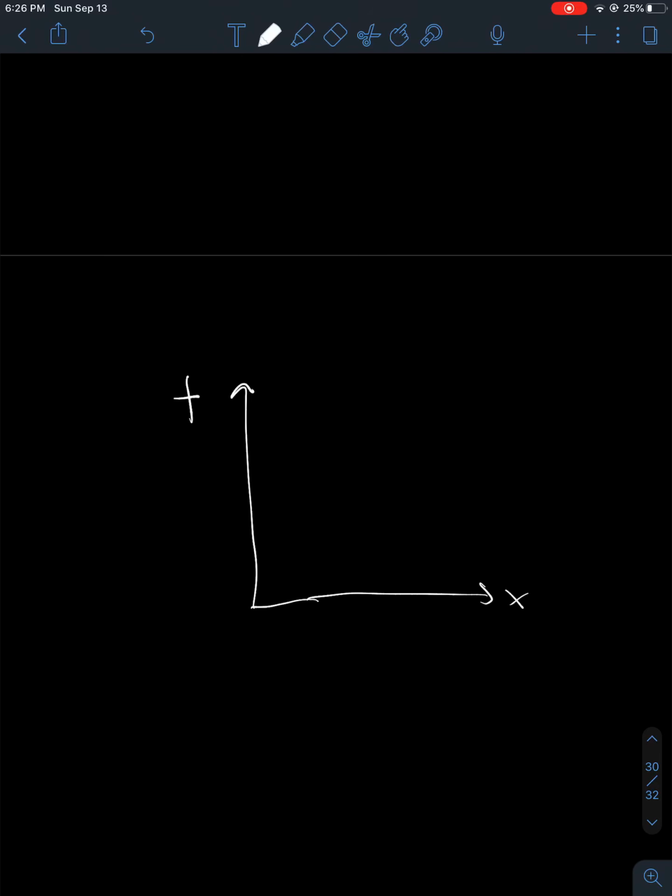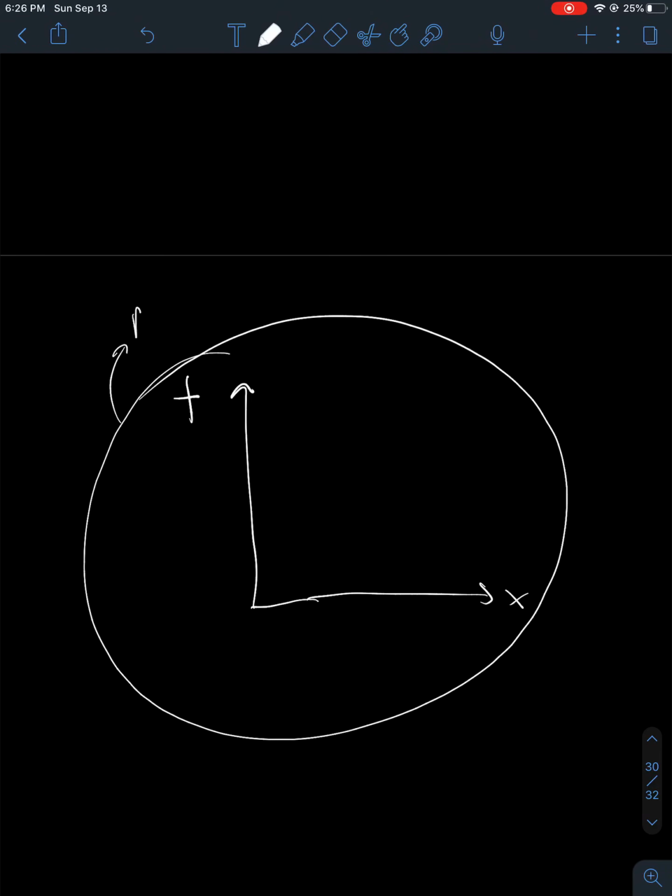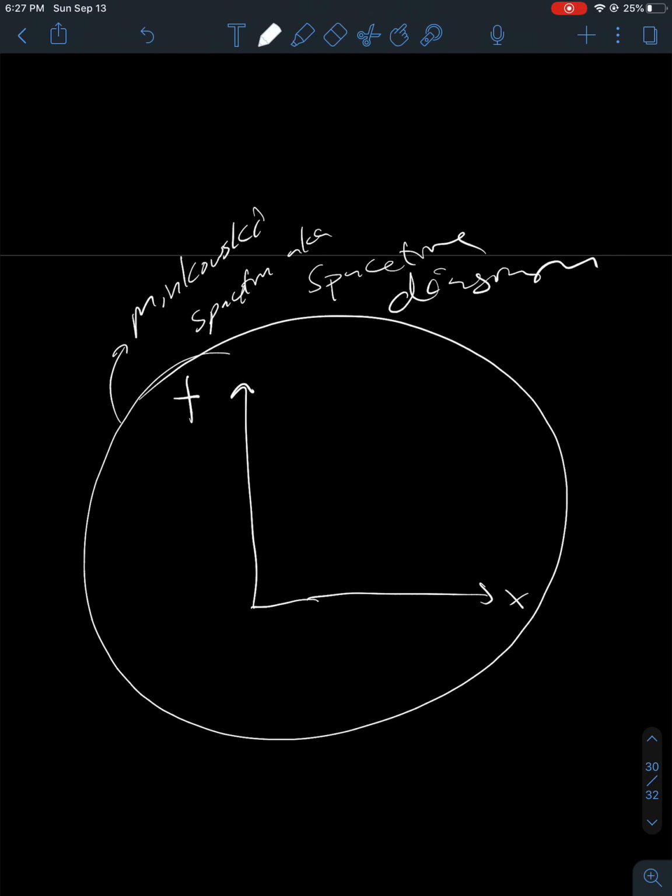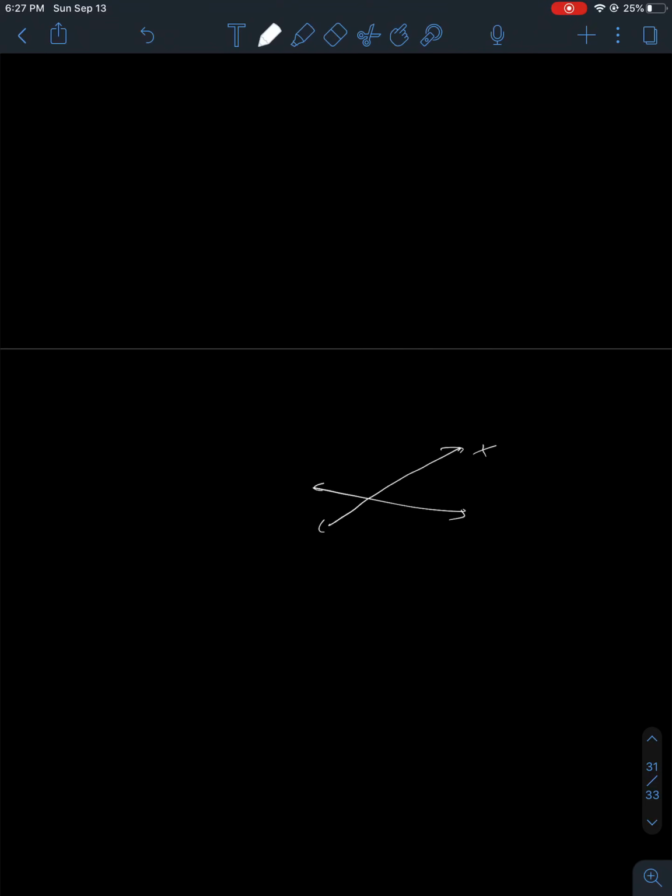Not a graph, but we call this depiction Minkowski space-time, aka a space-time diagram. And we can describe space with this space-time diagram. In the space-time diagram, you have the 3 dimensions of space, x, y, and z.